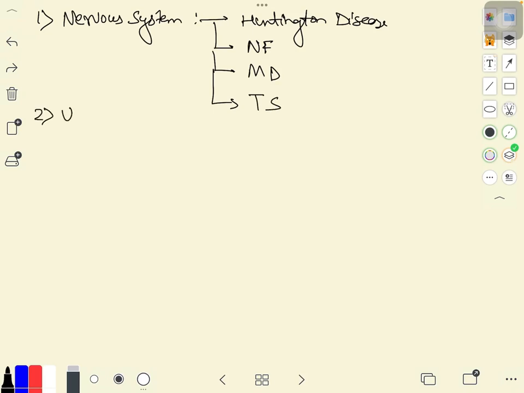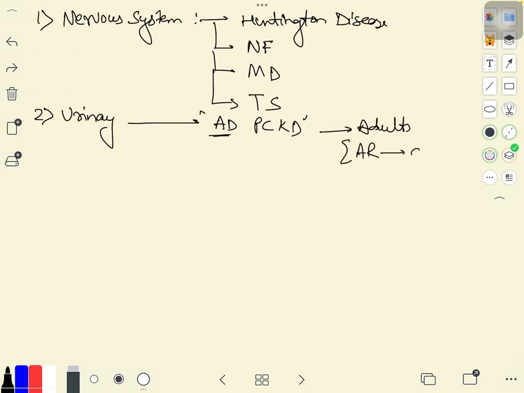The second system which will be affected by autosomal dominant pattern is the urinary system, which is autosomal dominant polycystic kidney disease. Autosomal dominant polycystic kidney disease primarily affects adults. Then there is also the autosomal recessive one, which primarily affects children. I'll not talk about it in this lecture, maybe some other time.